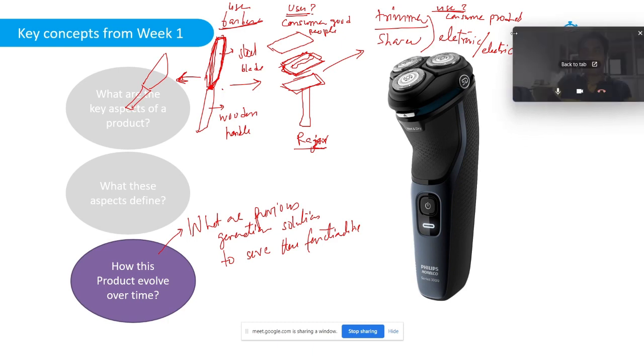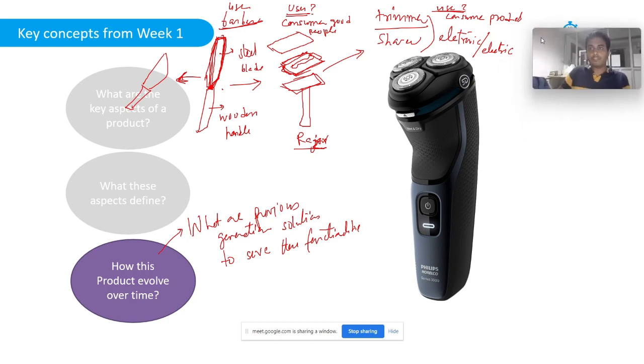Tell me why this happened, why this particular product evolved to its current state. Why do we have a knife, then a wooden handle, then a razor, and now this state of the art electric shaver? What is the requirement, and why is there an evolution?